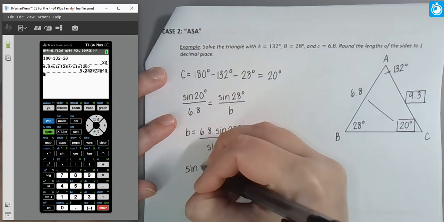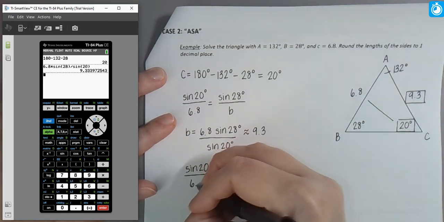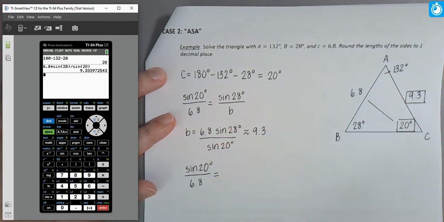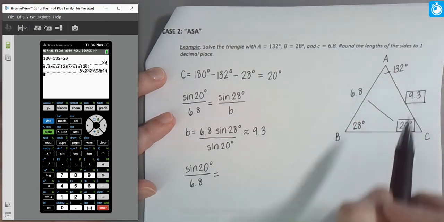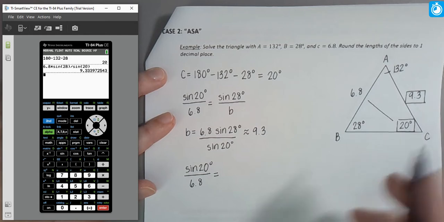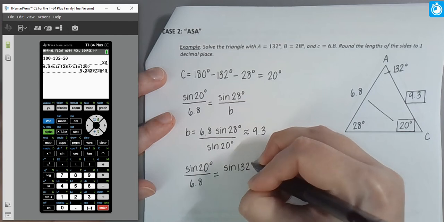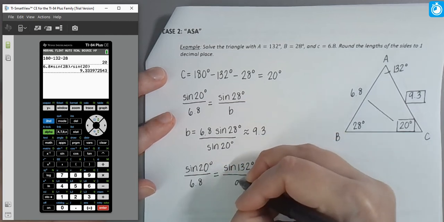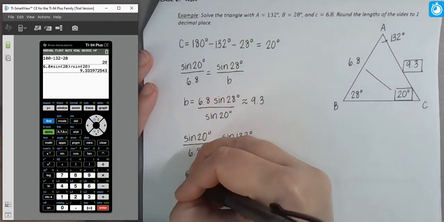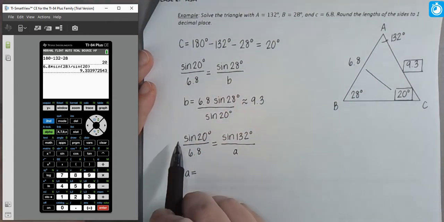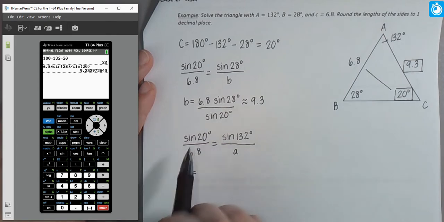So sine of 20 degrees divided by the length of the opposite side, which was 6.8, is equal to the sine of our remaining angle, angle A, 132 degrees, divided by the length of side A. So sine of 132 degrees divided by side A. We isolate A. So A, move it over, multiply both sides, move the 6.8 over, and then divide by that sine of 20 degrees.